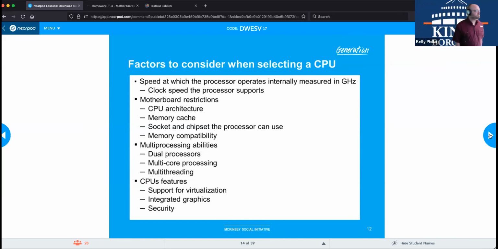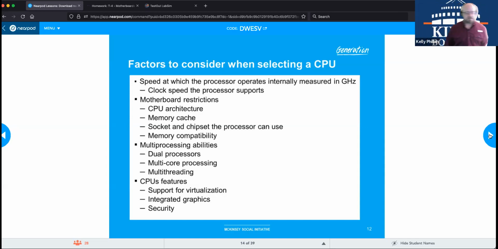Memory cache. Do we have enough memory to support it so that it can operate at peak efficiency? Socket and chipset. We need to make sure that that chip can actually fit in the socket that we're putting it in, and they have different pin arrangements, different designs, different sizes. We need to make sure that they can match up together. And also memory capability.